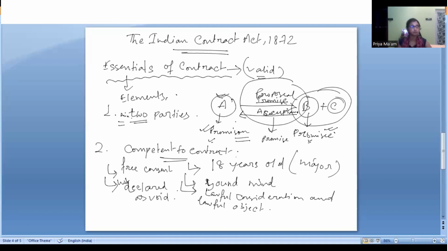Because if I am making a contract with an insane or unsound minded person, who is not in a state of mind to decide what is wrong and what is not, and I am claiming that that contract is valid, no, this contract is not valid. We have read in the second condition that the party should be competent. The party should always be a competent party.